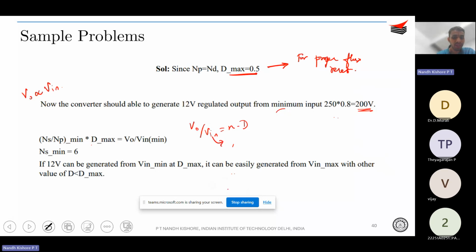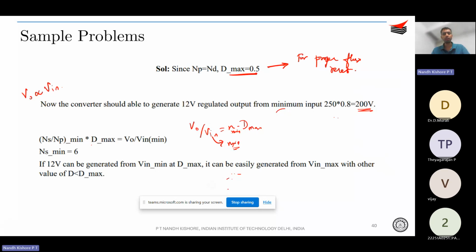So if you have V in minimum, and obviously D max, then what is the N minimum that you require? That is a problem. From this itself, you can see that V in needs to be minimum over here, and obviously D is maximum at 0.5. So you just need to solve for what is N minimum.